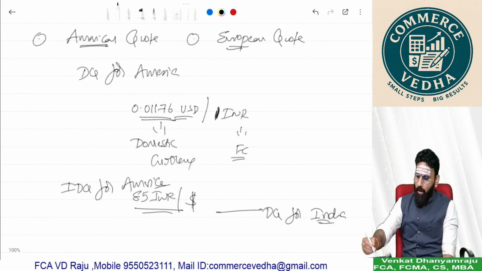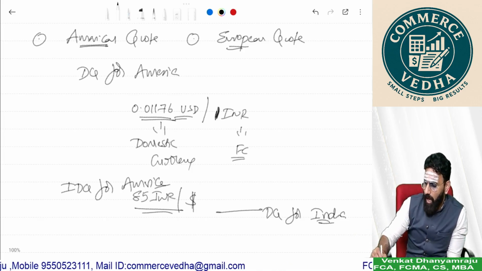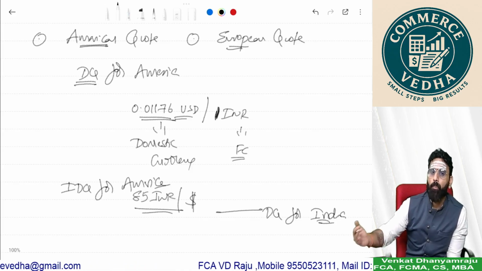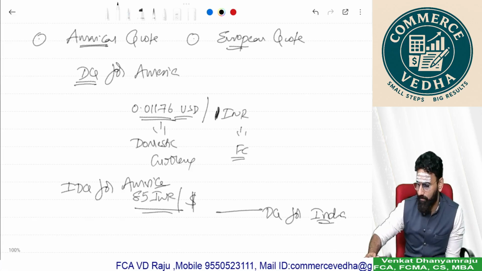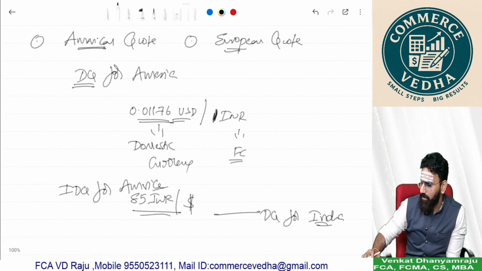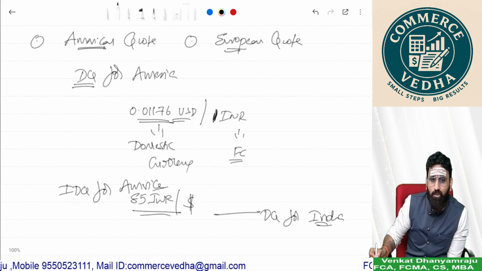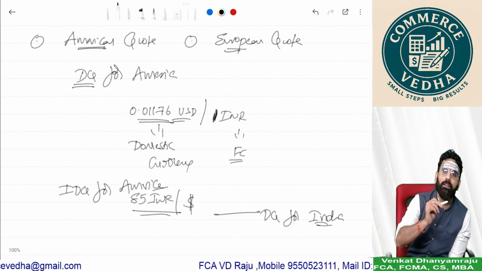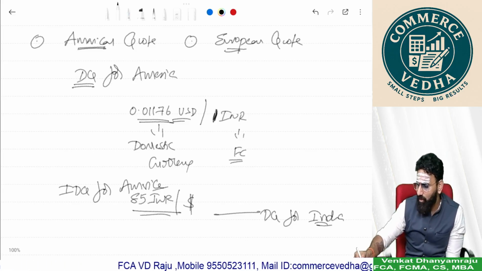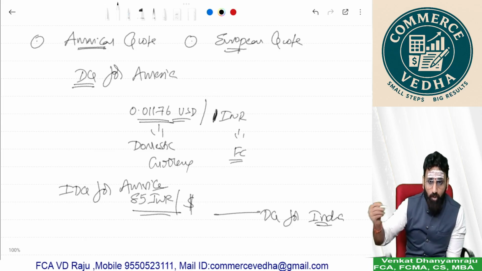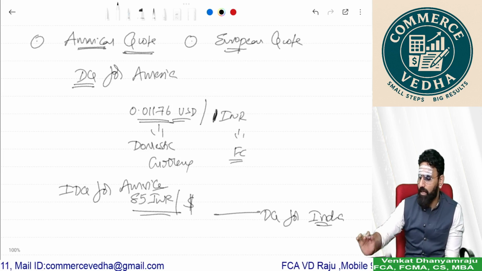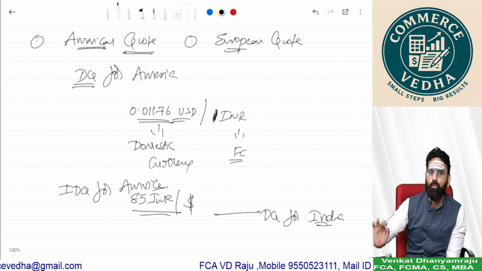So for America, the American quote is the direct quote, and the European quote is the indirect quote. In Indian terms, the direct quote for India is actually in European terms, and the indirect quote for India, which is the direct quote for America, is in American terms. So American quote and European quote have nothing to do with Europe and America.